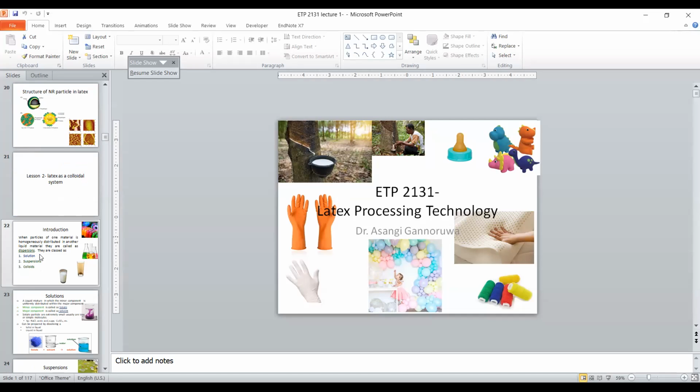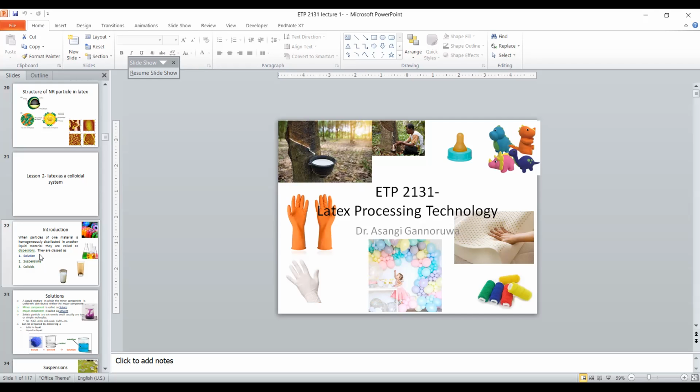Finally, we will be doing latex that is manufactured from synthetic rubbers. Okay, even synthetic rubbers, we have latex. So we could discuss how to process synthetic latex in order to get different products.